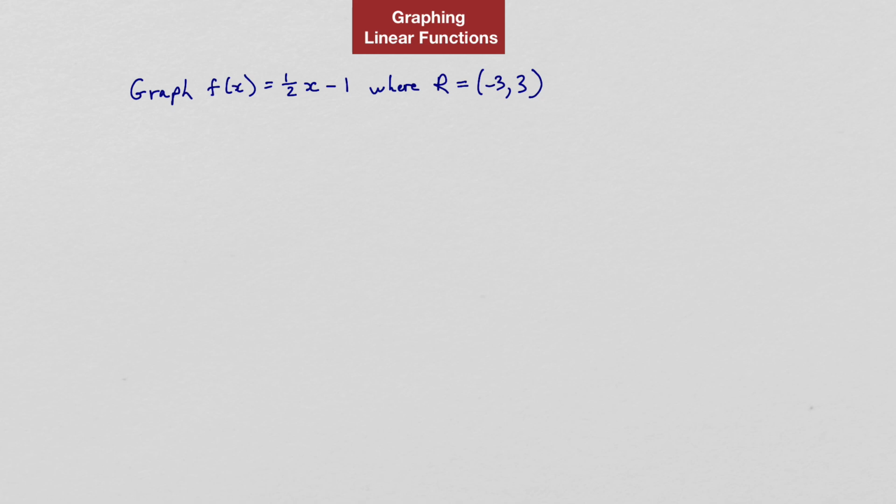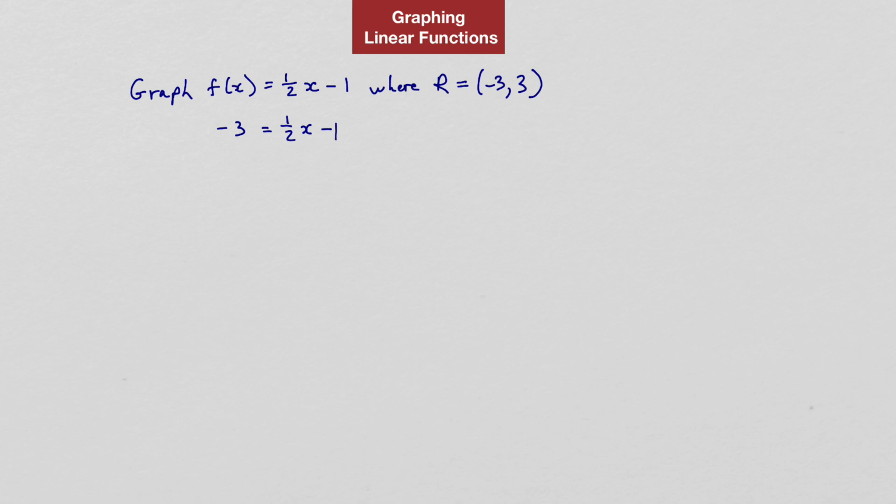Okay, so now that we're given the range, we are going to substitute this -3 for f of x. So it'll look like this. -3 is equal to 1/2 x minus 1.